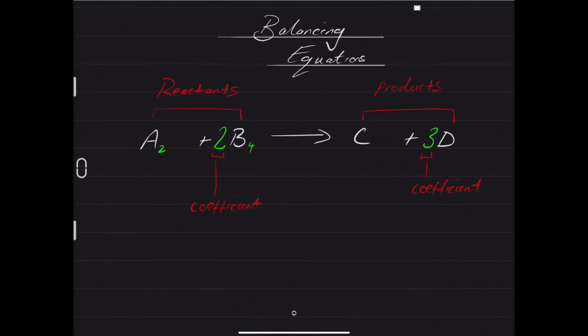Okay, this is how we will start manipulating the equation in terms of ratios later on. And the smaller numbers, these represent the number of atoms that A or B represent. So they represent the number of atoms.